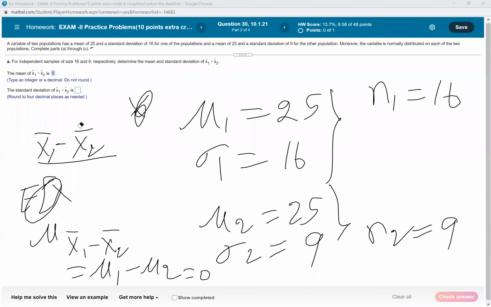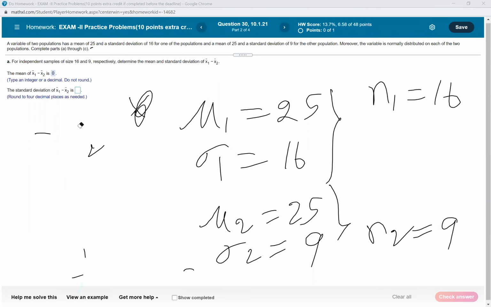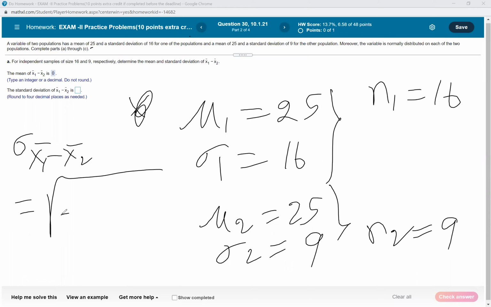Okay, so let me erase this part, not all the information, because we also need this information. So we need to find the standard deviation of x1 bar minus x2 bar. This is the square root of sigma 1 square over n1 plus, since they are independent samples, sigma 2 square over n2.